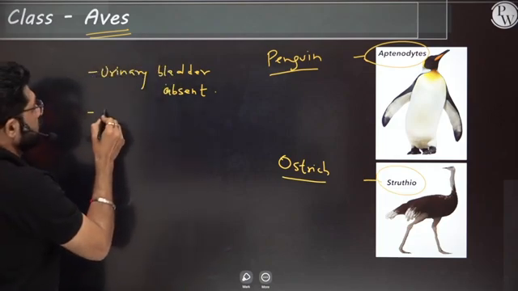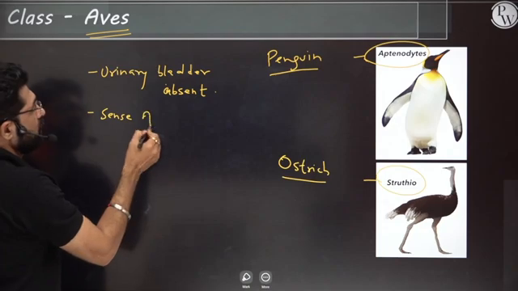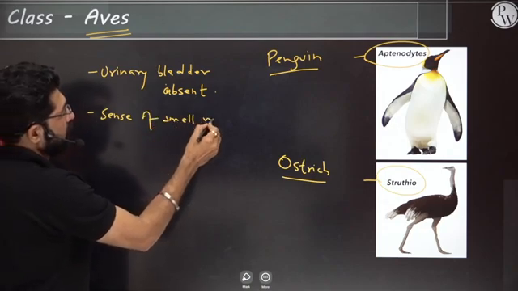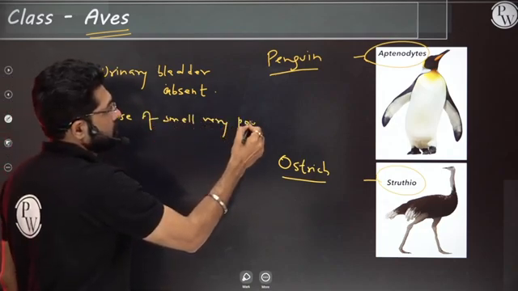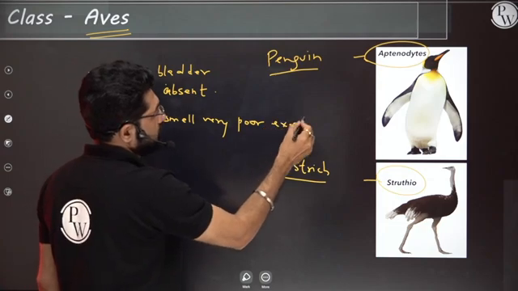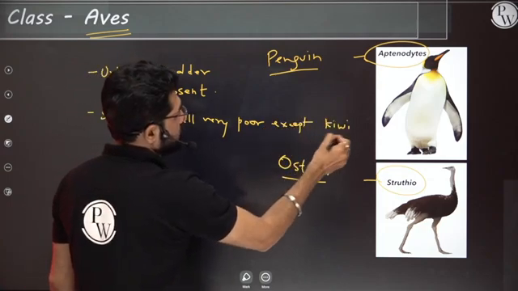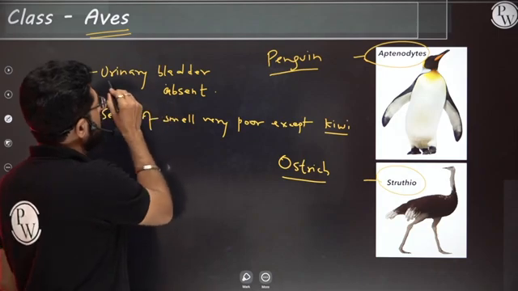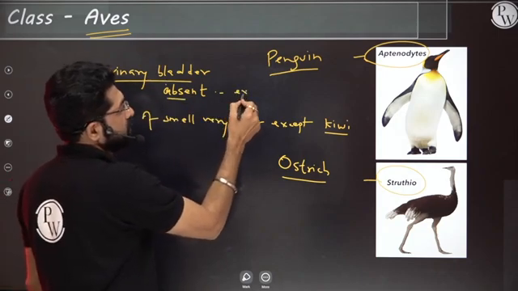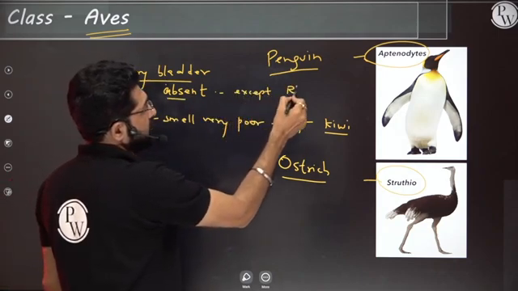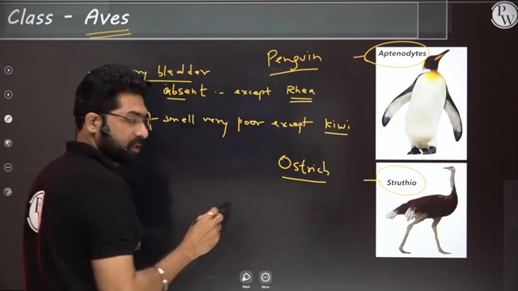Sense of smell is very poor, except in one bird, that is kiwi. Urinary bladder is also absent except in rhea. Rhea is the South American ostrich.